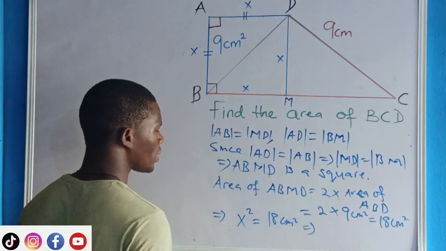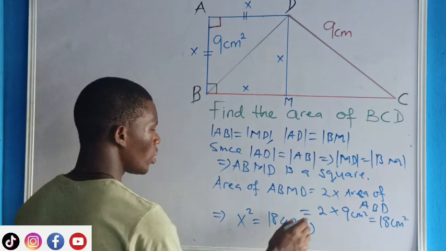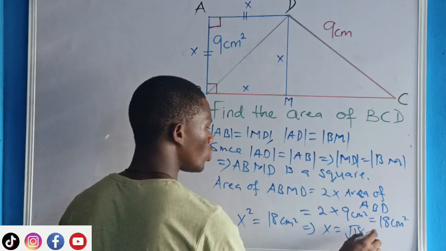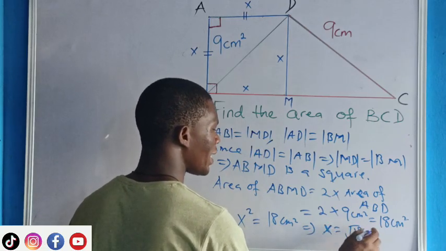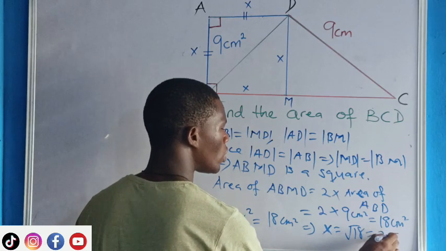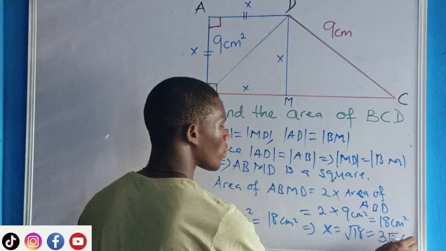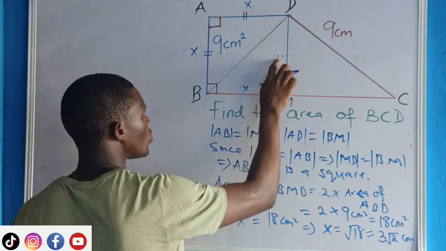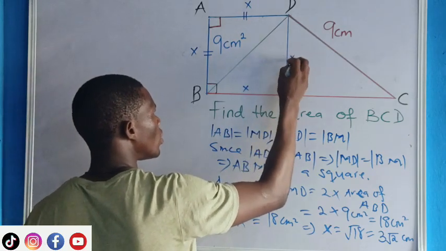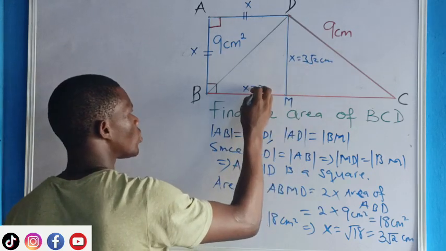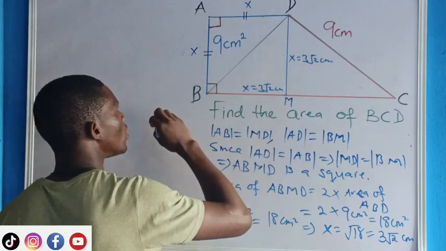So x equals the square root of 18, that is 3 root 2 centimeters. So we have been able to get that x equals 3 root 2 centimeters, and this place is equal to 3 root 2 centimeters.